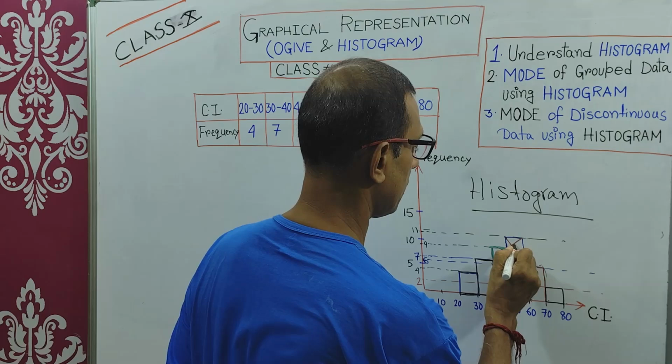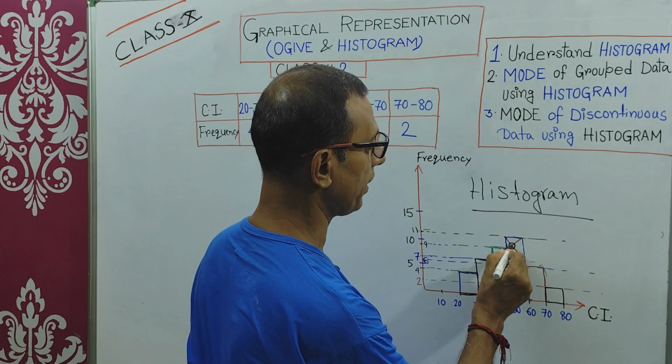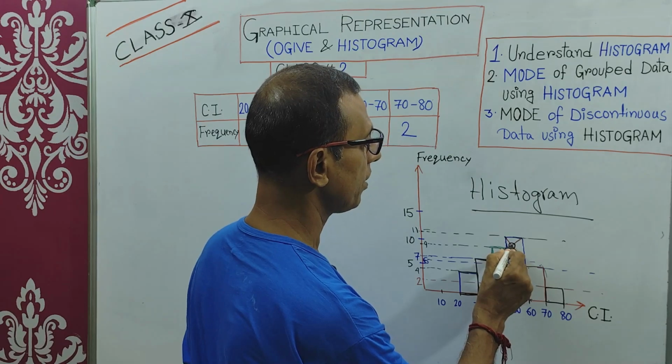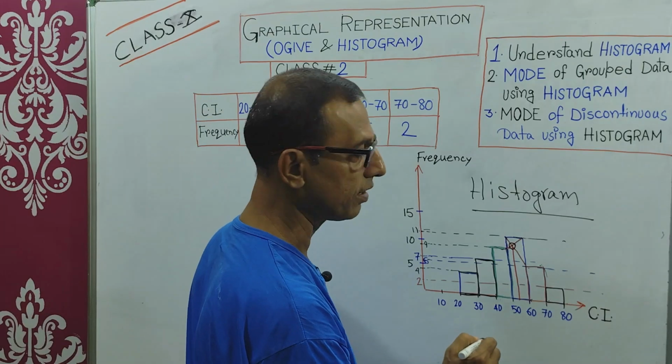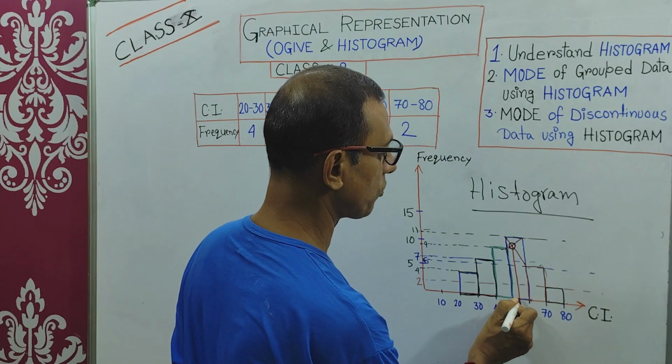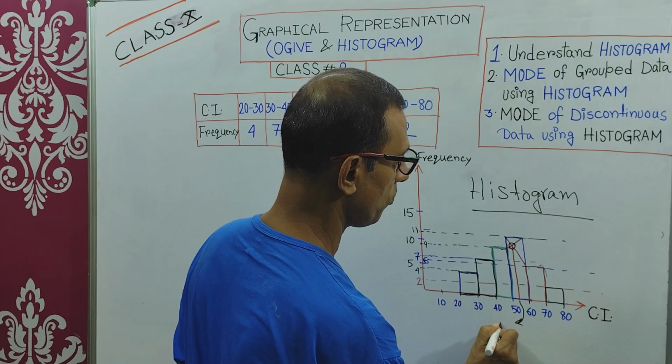So this is the intersection point of the two diagonals. From this point you draw the perpendicular on the x-axis, that is on the class interval, and where it intersects, this point is called the mode.